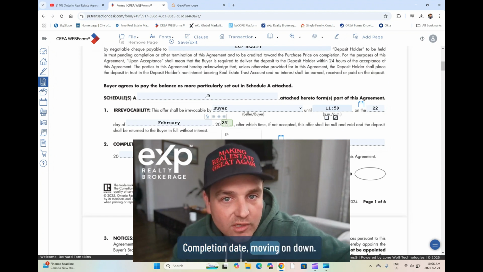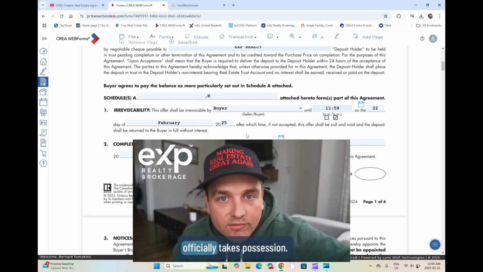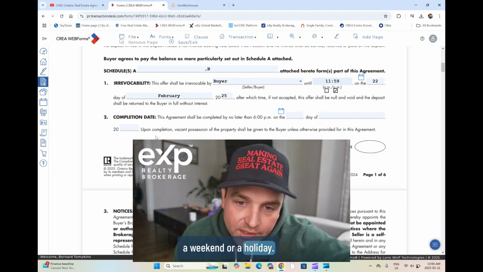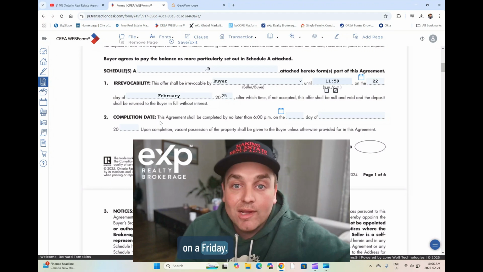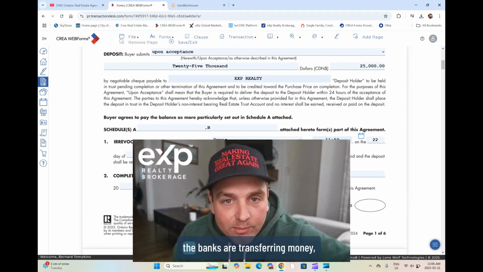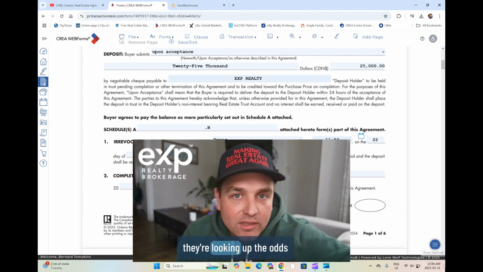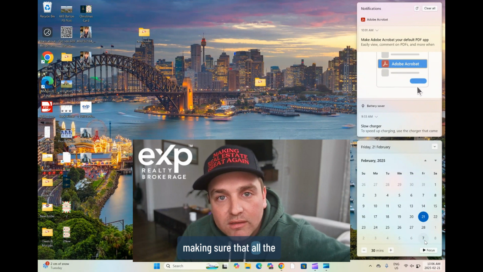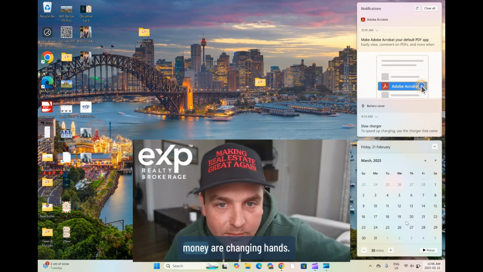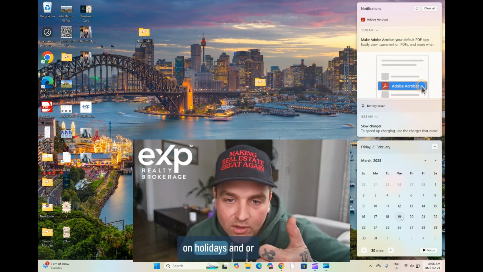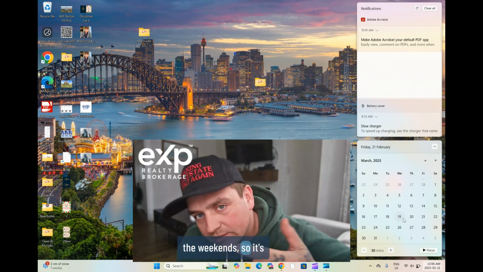Completion date, moving on down. The date the buyer officially takes possession. So it can't be on a weekend or a holiday, preferably also not on a Friday. Just because the lawyers are transferring paperwork back and forth, the banks are transferring money, they're looking up the odds and ends of the transaction, making sure that all the titles are changing hands and money are changing hands, and banks aren't open on holidays or the weekends, so it's not going to work there.